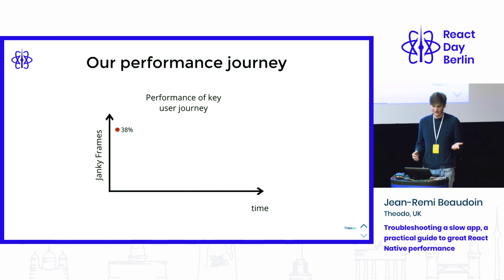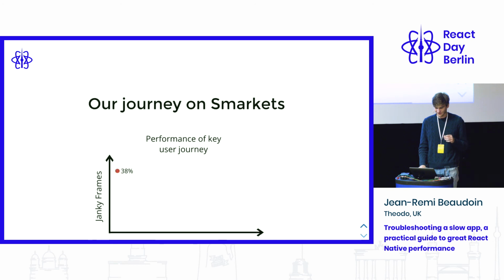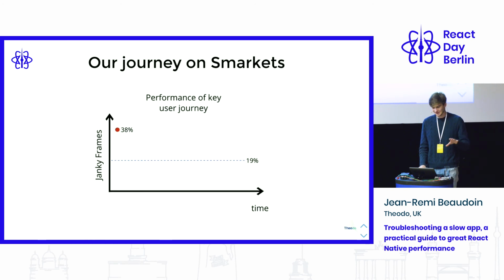So we decided to actually check, how does a super worldwide used application perform? So on that same phone, very important, we checked Instagram, and on my phone it was like 19% janky frames. So we said, okay, from now on, our target is 19%. We want to reach that and stay below it. So we started working on it.